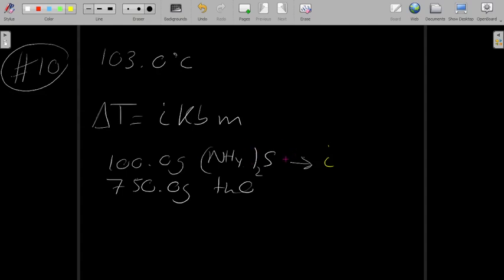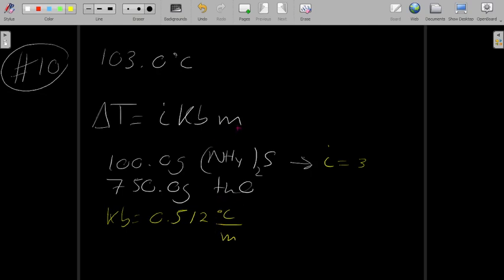That makes my i be 3. In parentheses, there are 2 of them and 1 of these, 3. I have these, I have these. Kb is always given to you. Kb equals 0.52 degrees Celsius. That's given to me.